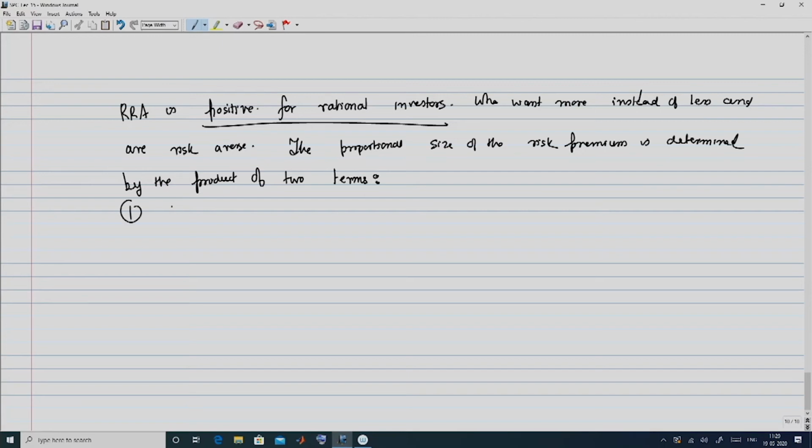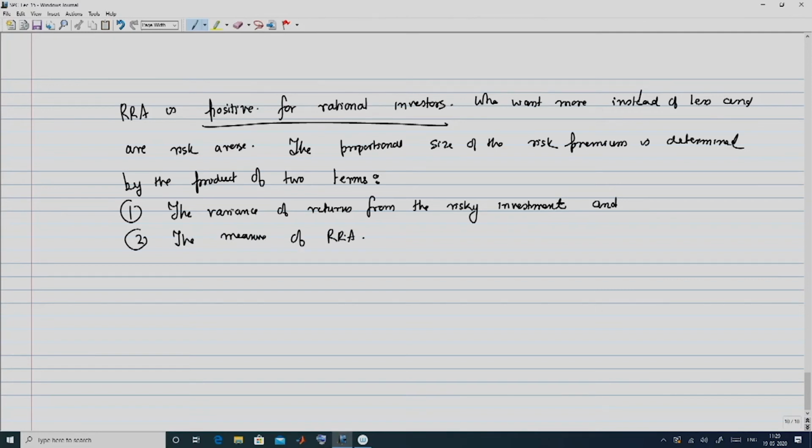So, the first one is the sigma r square. So, this is the variance of returns from the risky investment, and secondly the measure of the relative risk aversion.